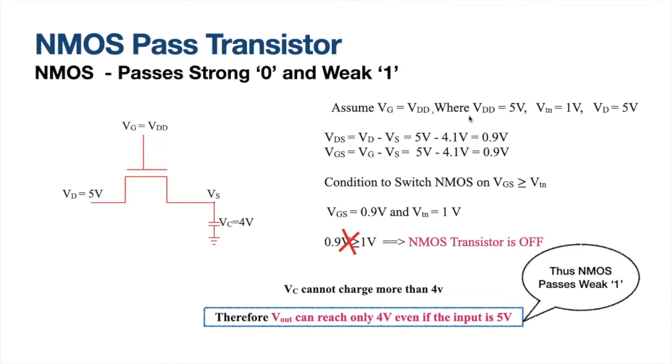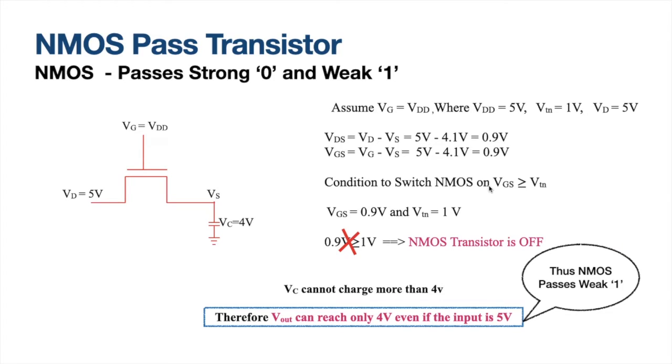All other parameters are going to be the same. Right now we have to calculate VDS and VGS. VD minus VS. Again it is 5 volts minus slightly more than 4. So we are assuming it to be 4.1 volt. What happens? VDS becomes 0.9 volts and similarly VGS becomes 0.9 volts.